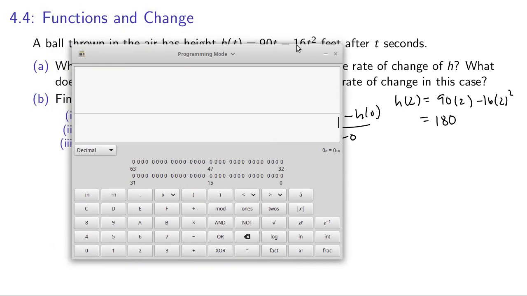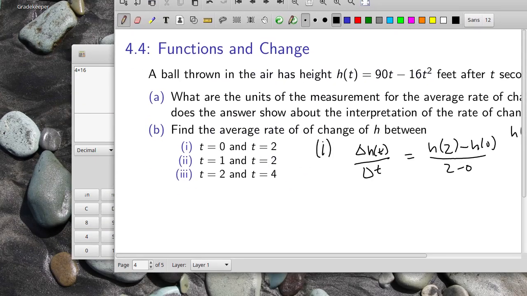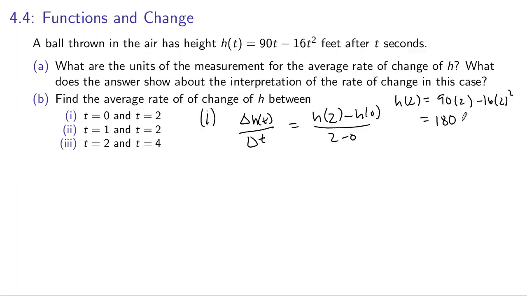So 4 times 16 is 64. Minus 64. 180 minus 64 would be 116.